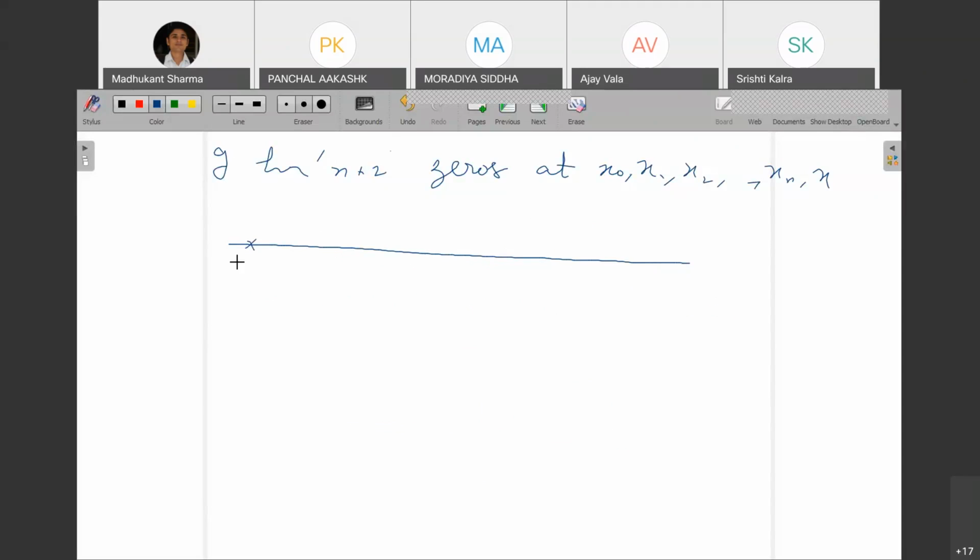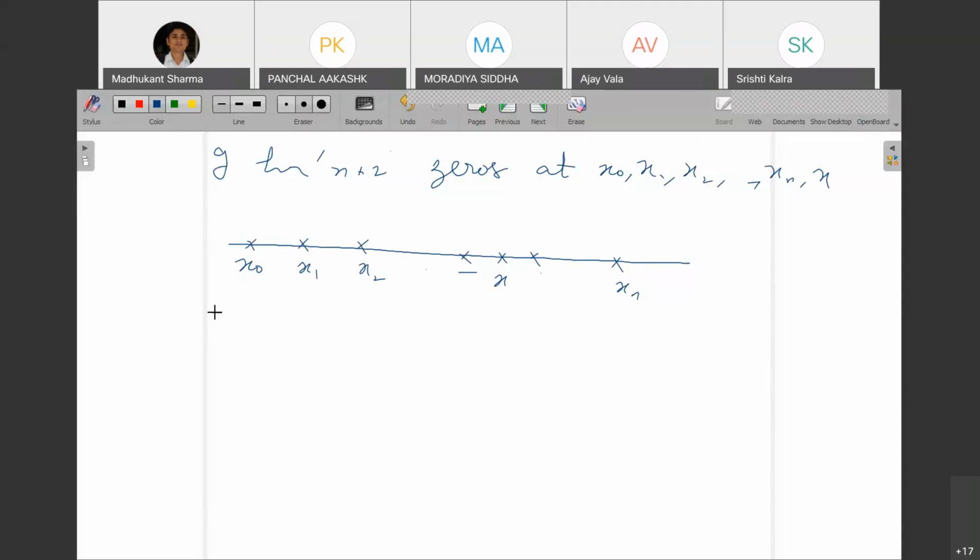Let's say this is x0, this is x1, this is x2 and so on, this is xn, and somewhere in between x lies. So these are n plus 2 zeros.